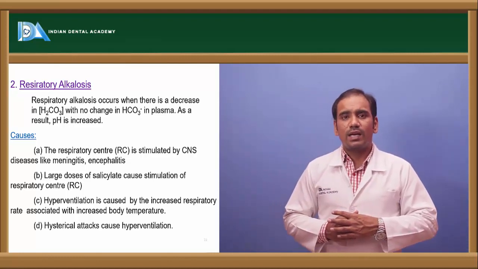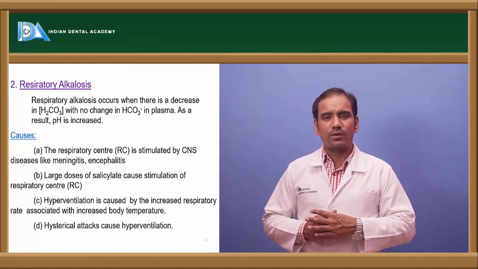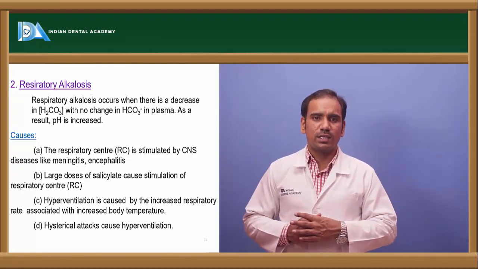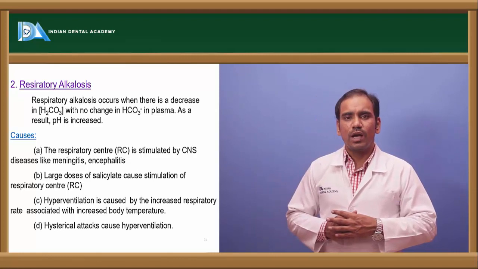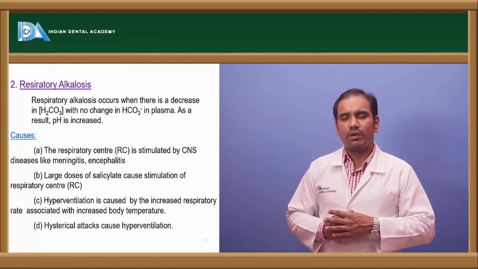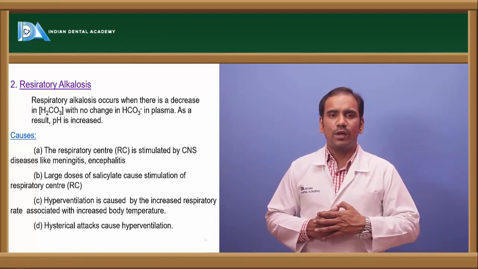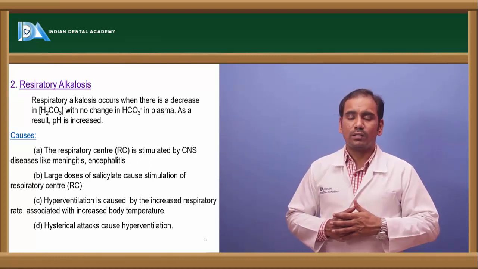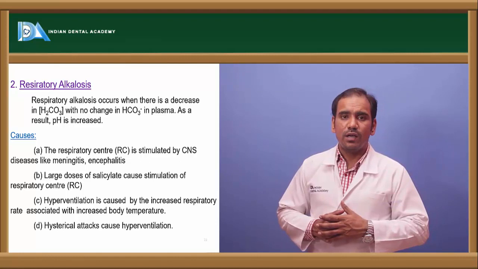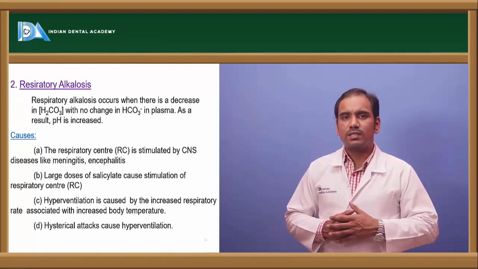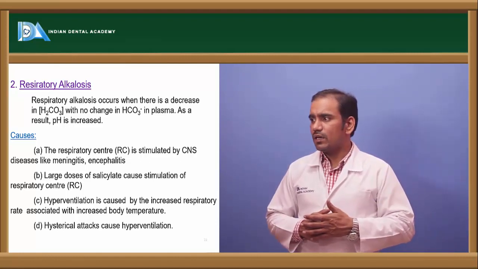There are uncontrolled emotions, and those uncontrolled emotions are nothing but hysteria. That hysteria leads to hyperventilation, and hyperventilation eliminates more carbon dioxide, and that leads to respiratory alkalosis. So these are the reasons behind respiratory alkalosis.